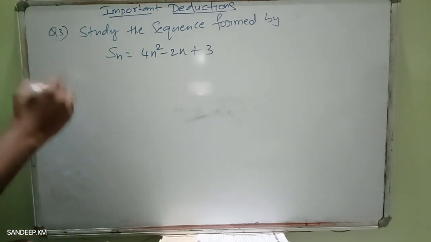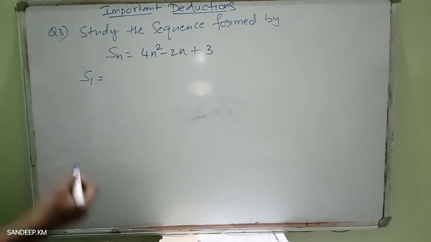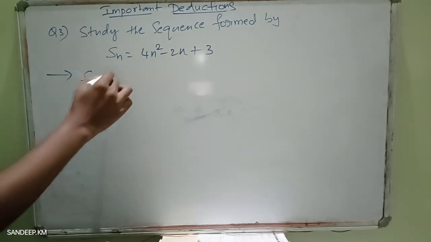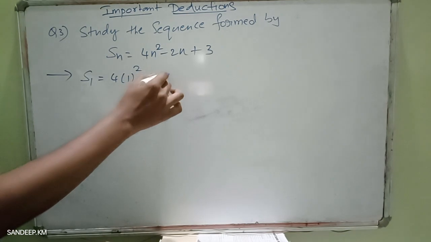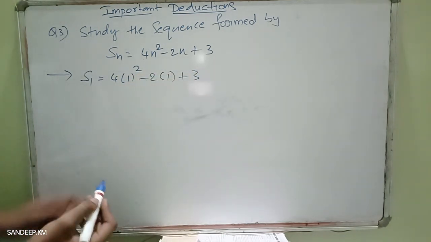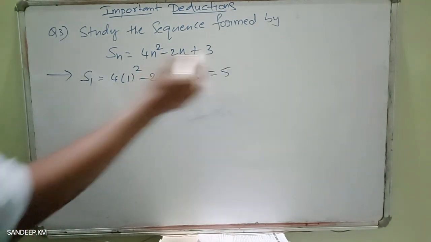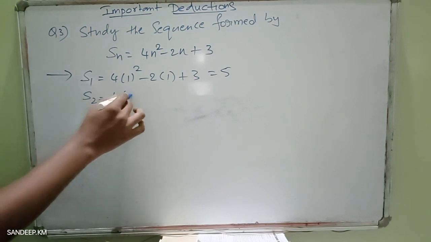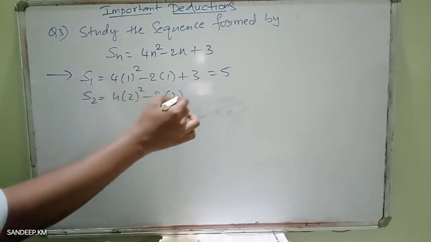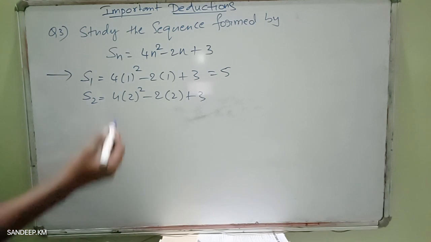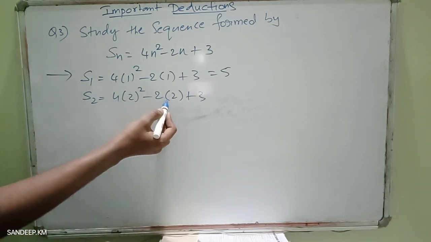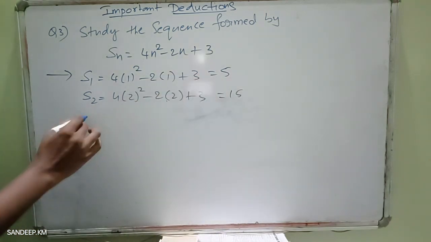First I will find S1. S1 is equal to what? 4 into 1 square minus 2 into 1 plus 3, and we get 5. S2 is equal to 4 into 2 square minus 2 into 2 plus 3, and what do we get here? 16 minus 4 is 12, 12 plus 3 is 15.